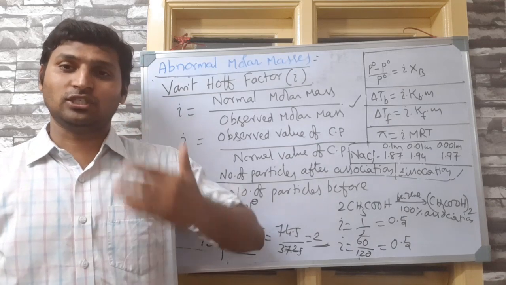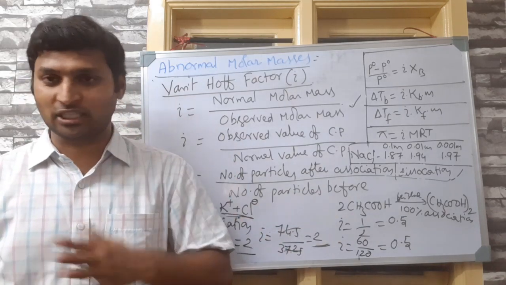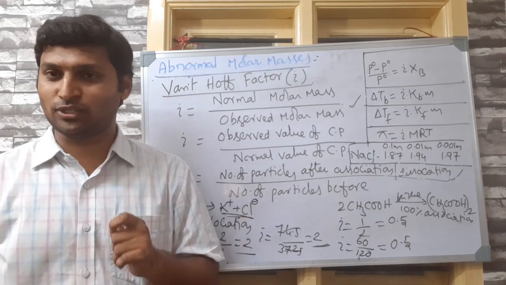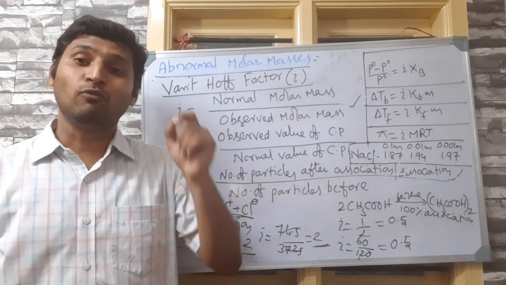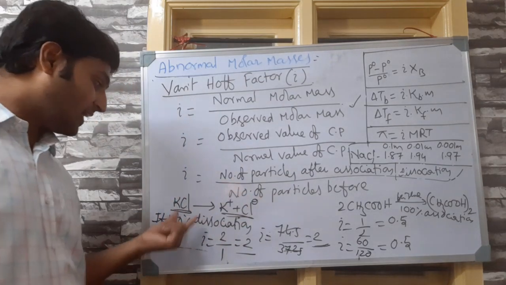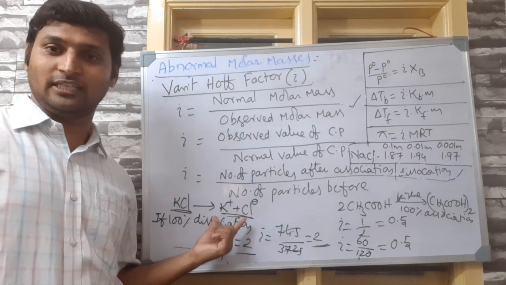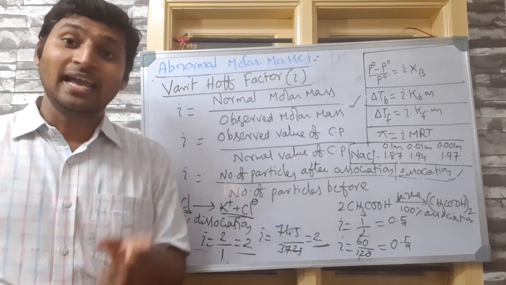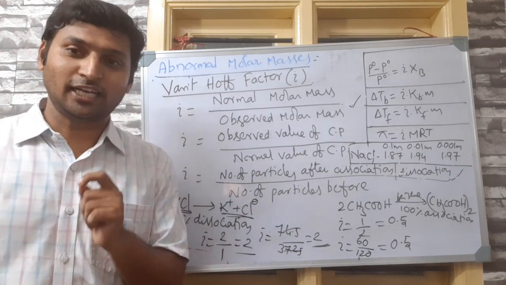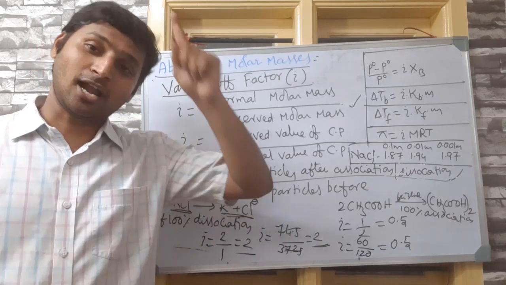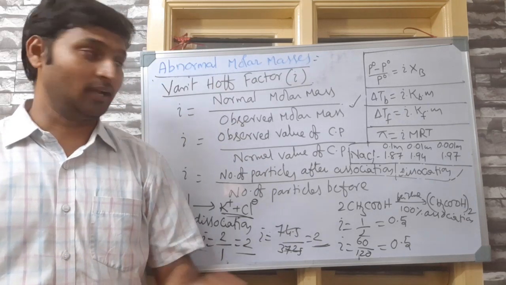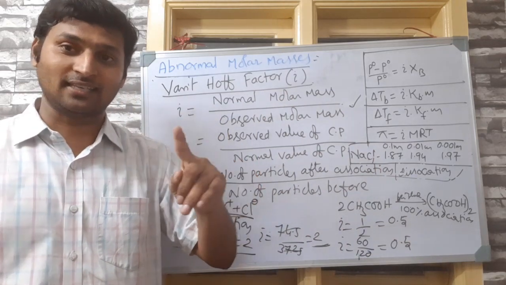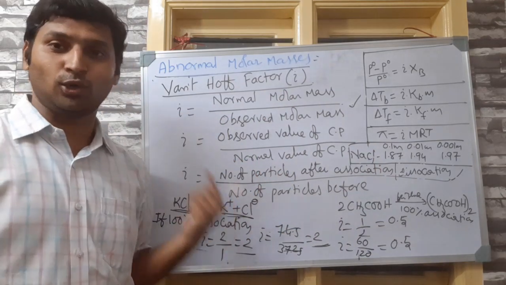By the way, dissociation examples are more popular than association examples. That's why the Van 't Hoff factor will not be exactly as we expect from the dissociation equation. However, in case of strong electrolytes, though it will not be 100% dissociating, it will undergo a large extent of dissociation. As a result, the Van 't Hoff factor will be very close to the expected value.